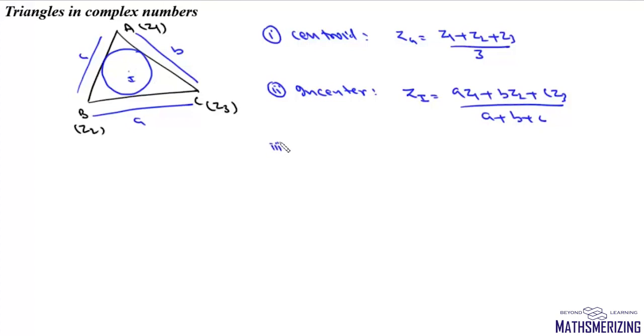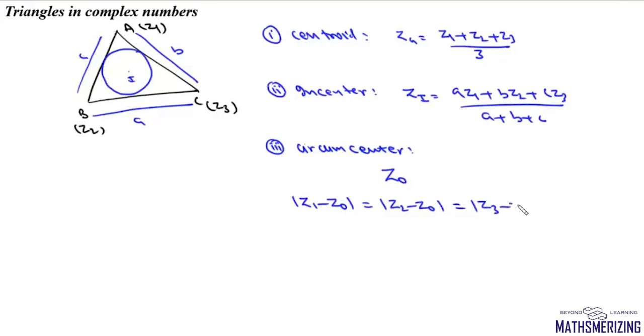Now this third one is its circumcenter, say Z0. Now if we are given some point Z0 such that mod of Z1 minus Z0 equals mod of Z2 minus Z0, and is equal to mod of Z3 minus Z0, that means distance of this Z0 from all the three vertices is the same.